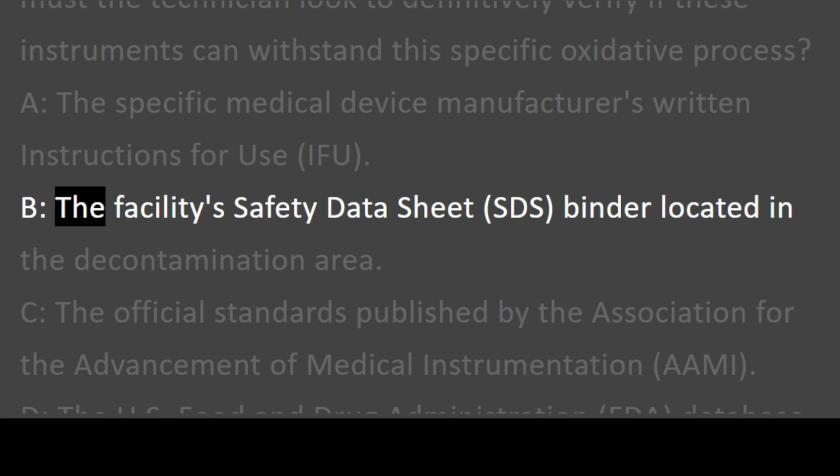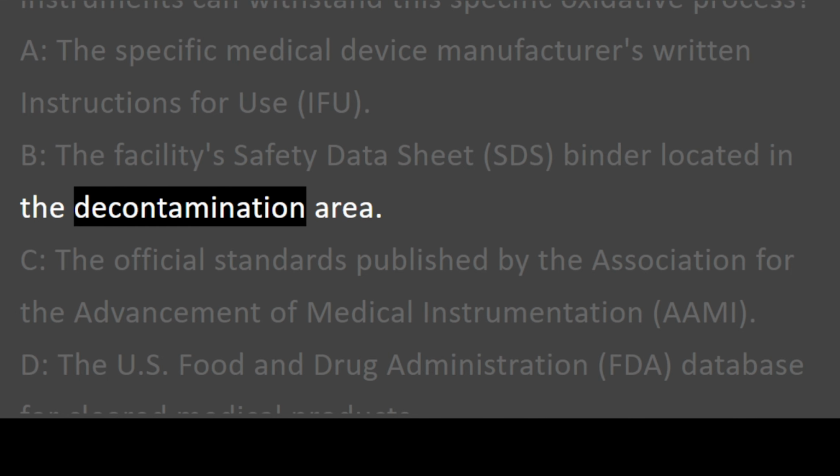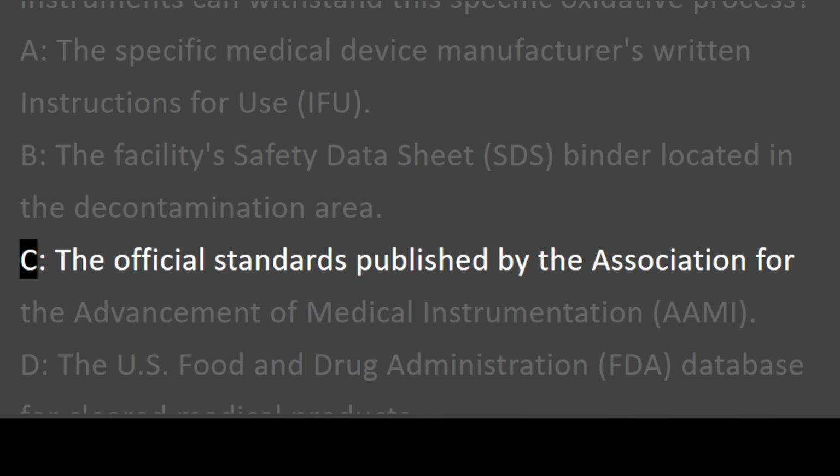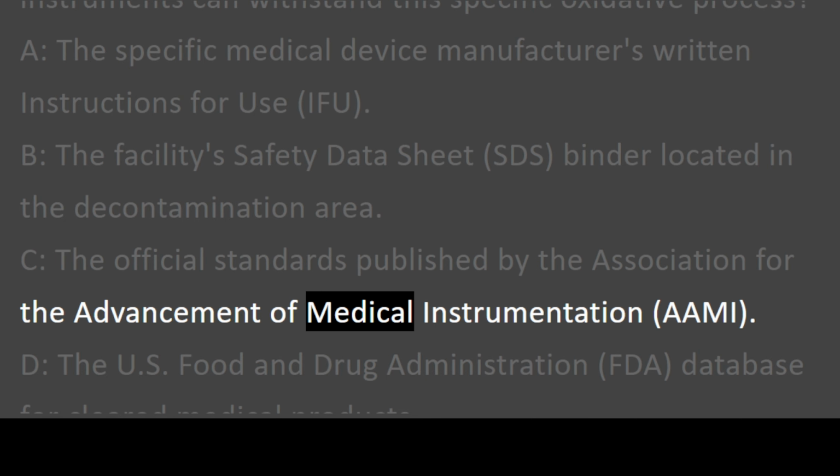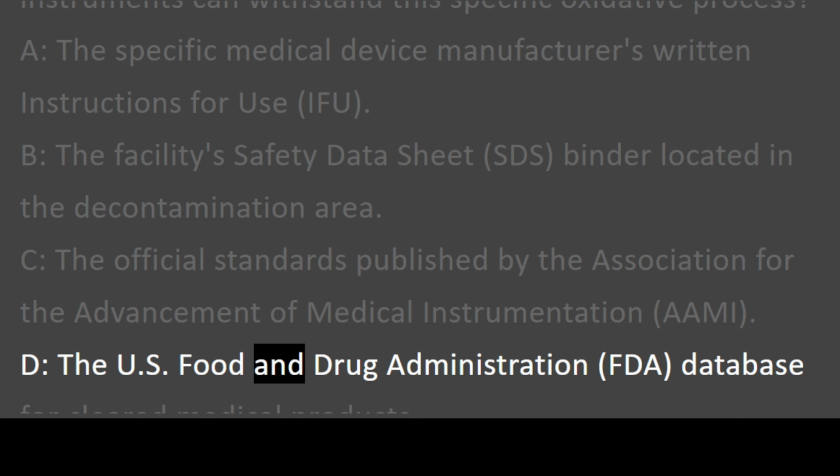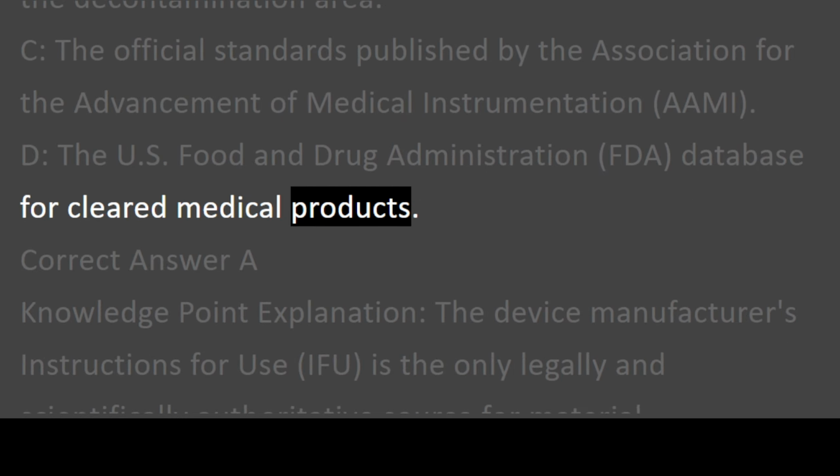B. The facility's safety data sheet, SDS, binder located in the decontamination area. C. The official standards published by the Association for the Advancement of Medical Instrumentation, AAMI. D. The U.S. Food and Drug Administration, FDA, database for cleared medical products.